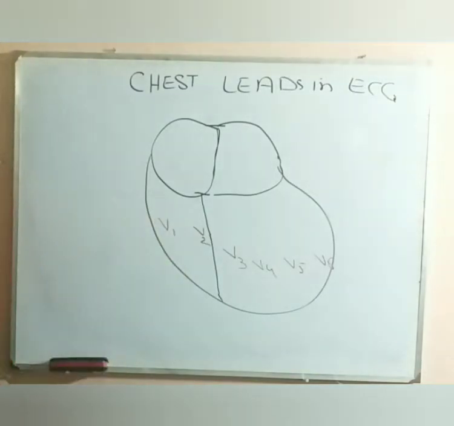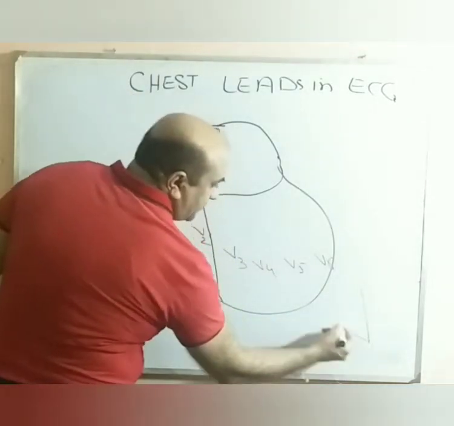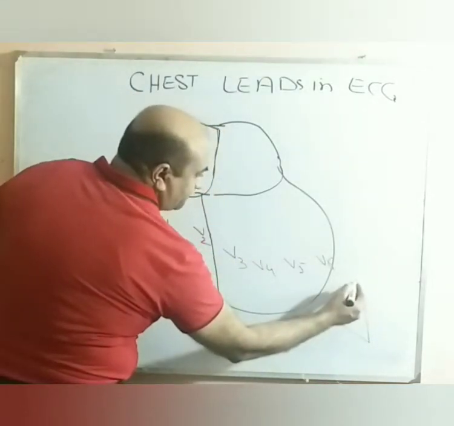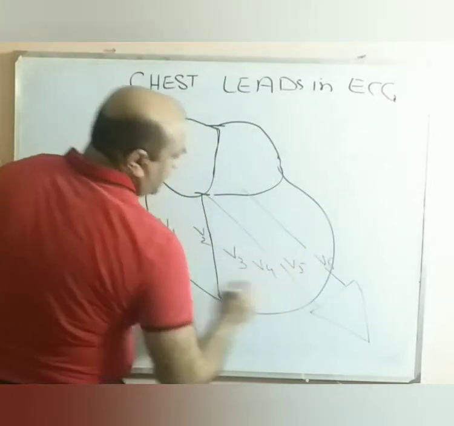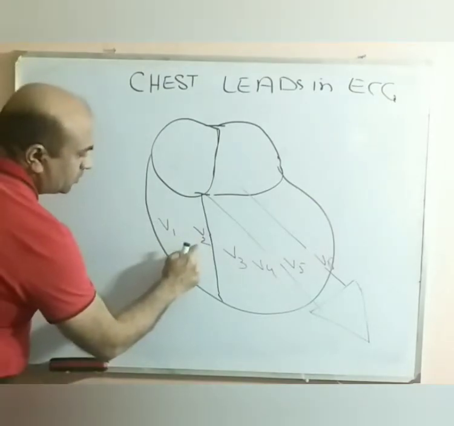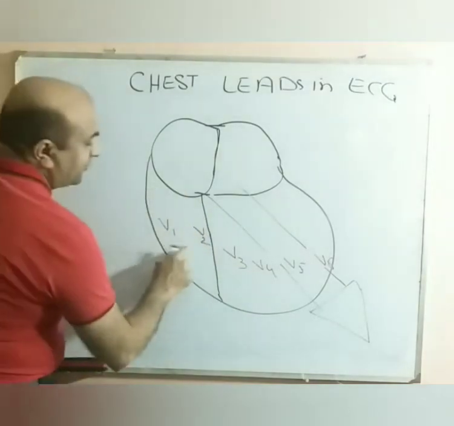Now, because these chest leads are looking at the electrical activity of the heart in a transverse plane, not the frontal plane, and the wave of depolarization in the heart is going leftward and downward this way, V1 and V2 look at the electrical activity of the heart going away from them.